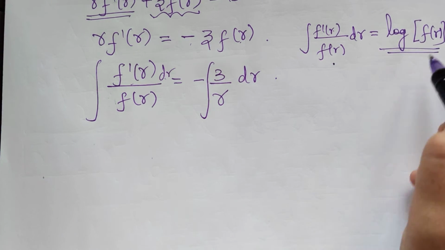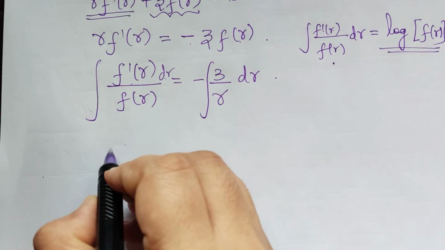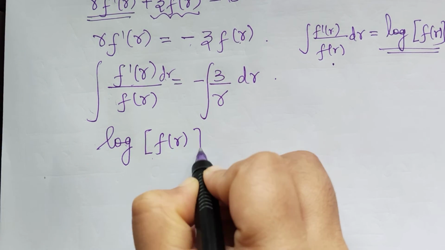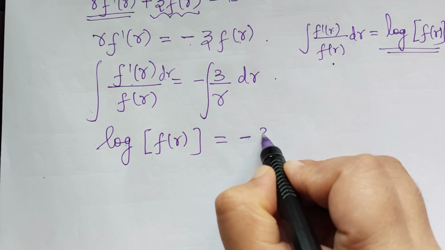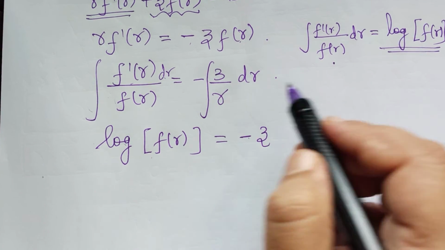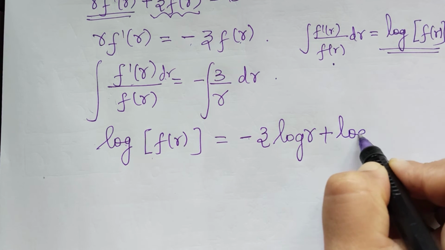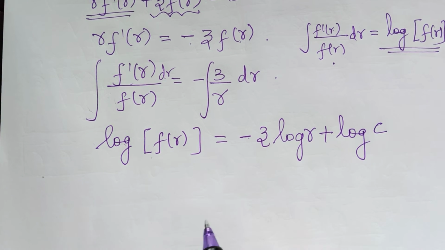So log of f of r equals minus 3 times the integral of 1 by r dr, which is log r. And since both the terms are in log, we can take the constant of integration as log c.